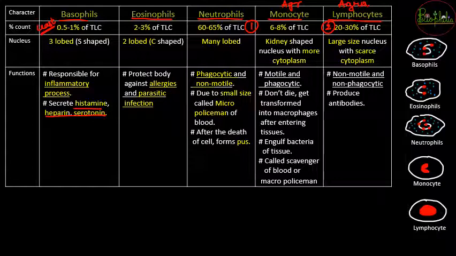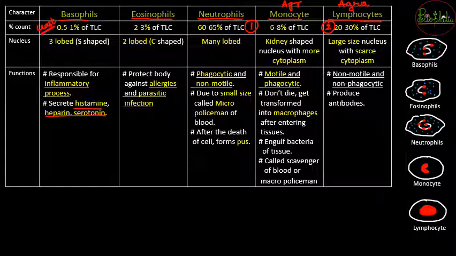Then come monocytes. These monocytes are again phagocytic in nature, but this time they are motile. They roam on their own inside the cells, tissues and blood to find out if anything is going wrong regarding foreign bodies. Unlike neutrophils, which die while fighting the foreign entities, monocytes are not going to die. Instead they transform themselves into macrophages. So they are like superwarriors. They do not die; they convert themselves into macrophages, live a new life as macrophages, change their faces and roam again.